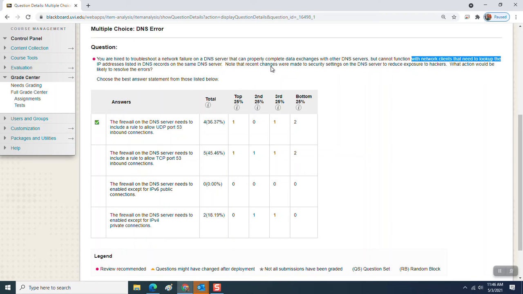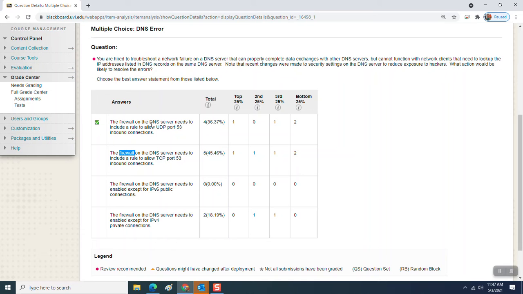Note that recent changes were made to security settings on the DNS server to reduce exposure to hackers. What action would be likely to resolve the errors? So if there were security changes on the network, it's likely that some firewall changes were made, right? And you see that common element in each of the answer choices.